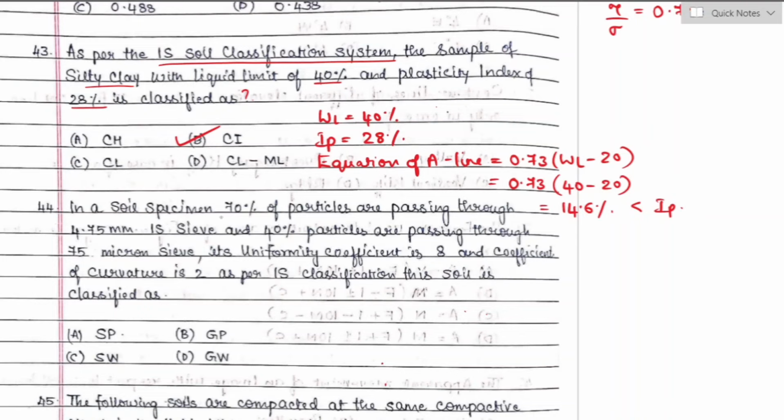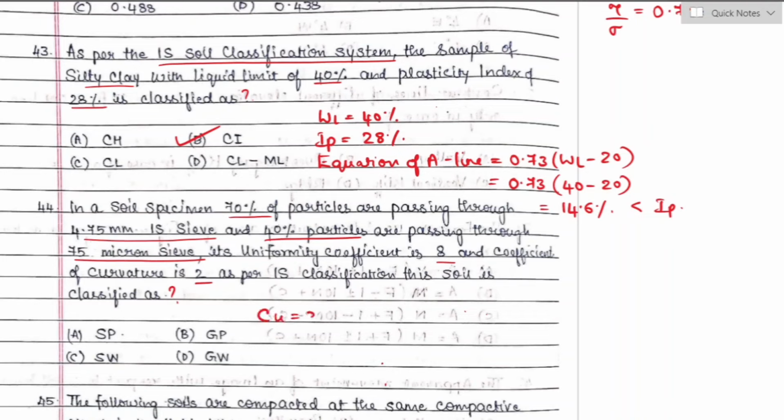Question number 44. In a soil specimen, 70% of the particles are passing through 4.75 mm IS sieve and 40% of the particles are passing through 75 micron sieve. Its uniformity coefficient is 8 and coefficient of curvature is 2. As per IS classification, this soil is classified as.